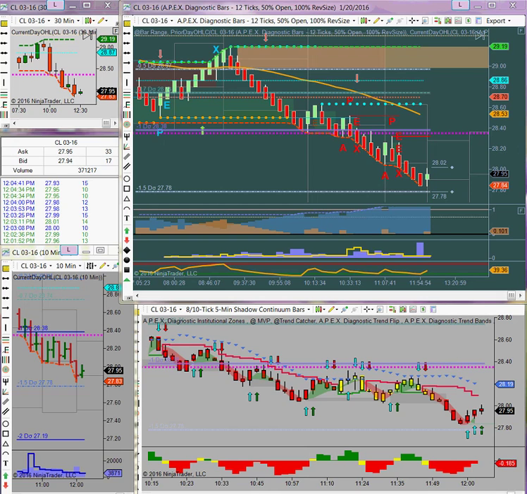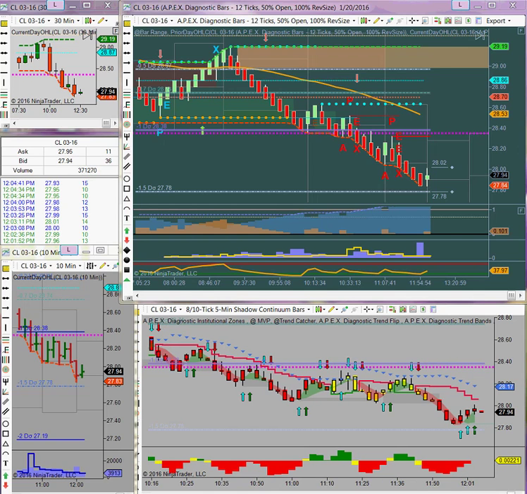We've had a lot of questions, and people seem to have an interest in how to correlate the currencies to the various markets. Commodities tend to have a correlation currency. For crude oil, it's the Canadian dollar. For gold, it's the Aussie dollar.